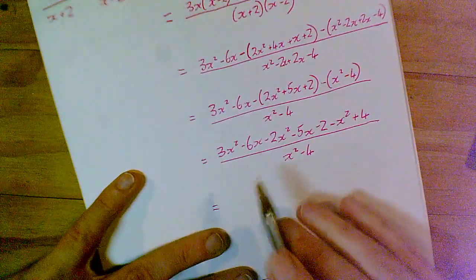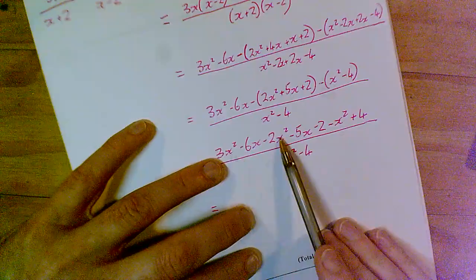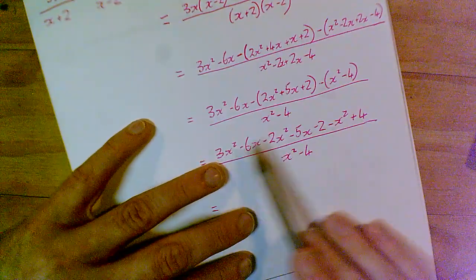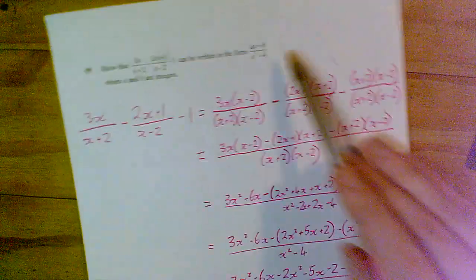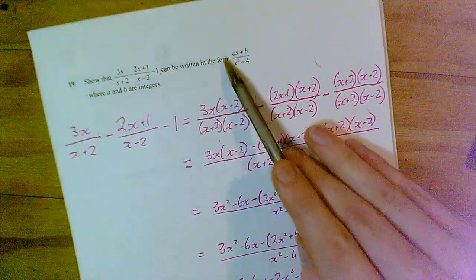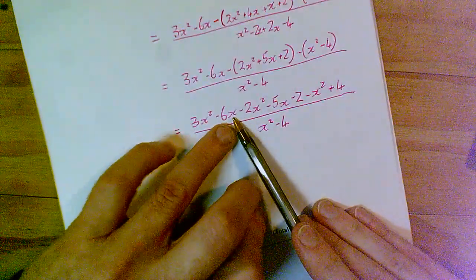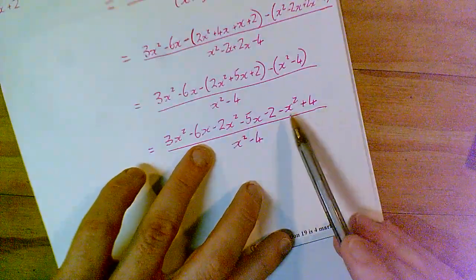Now I've got to simplify these a bit. x squared: I've got 3x squared, take away a 2x squared, take away an x squared. 3, take 2, take 1. The x squareds are going to disappear. I've got no x squared. That's a really good sign because I know I don't need any x squareds. What about x's? I've got negative 6x, subtract 5x, that's negative 11x. Any other x's?